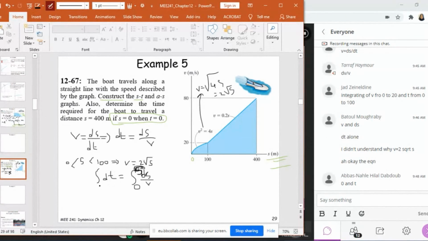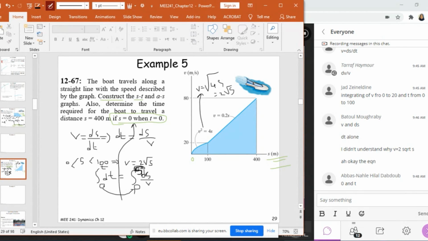Now, what are the boundaries of t? Between 0 and t. And that's why, guys, they are giving me this equation, all right? If I don't know this equation, I cannot say that s is equal to 0 when t is equal to 0, all right? I cannot do the integration. Since I know that s is equal to 0 when t is equal to 0, then I can say that the boundaries here are 0 and 0, all right?